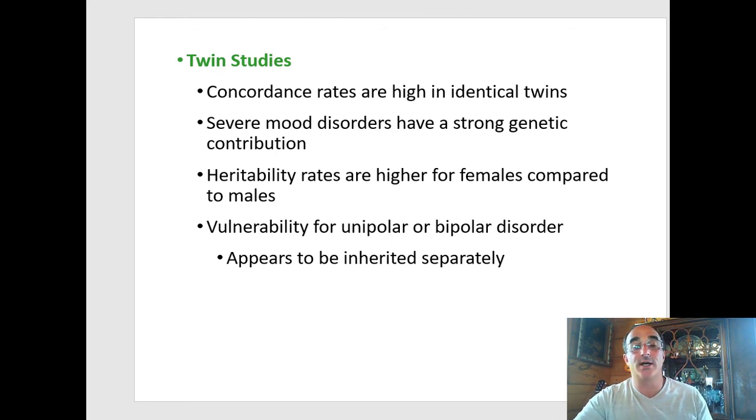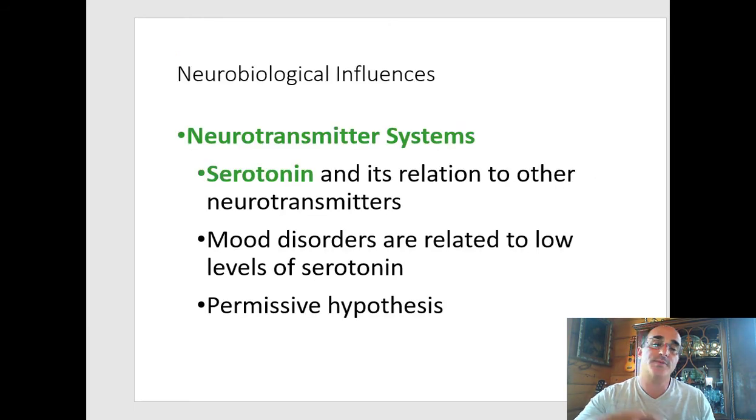But it appears to be inherited separately. In terms of neurobiological influences, depression is influenced by neurotransmitter systems, serotonin and its relations to other neurotransmitters. And mood disorders and depressive disorders are related to low levels of serotonin.